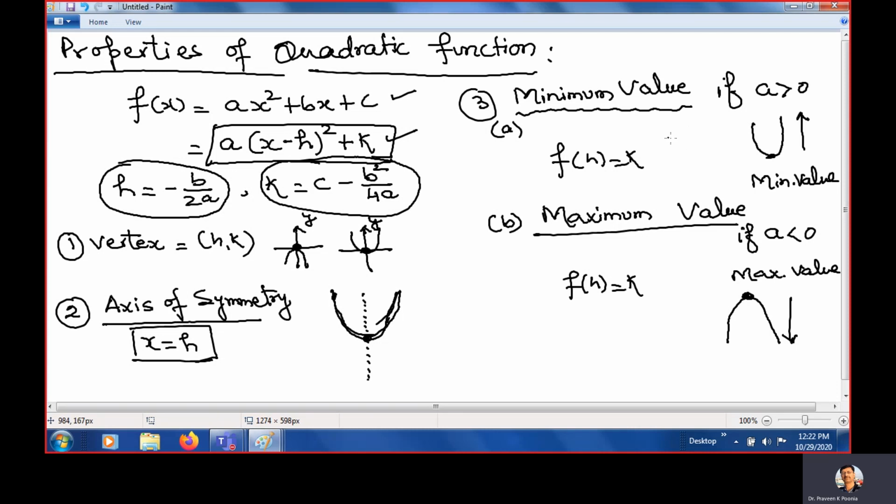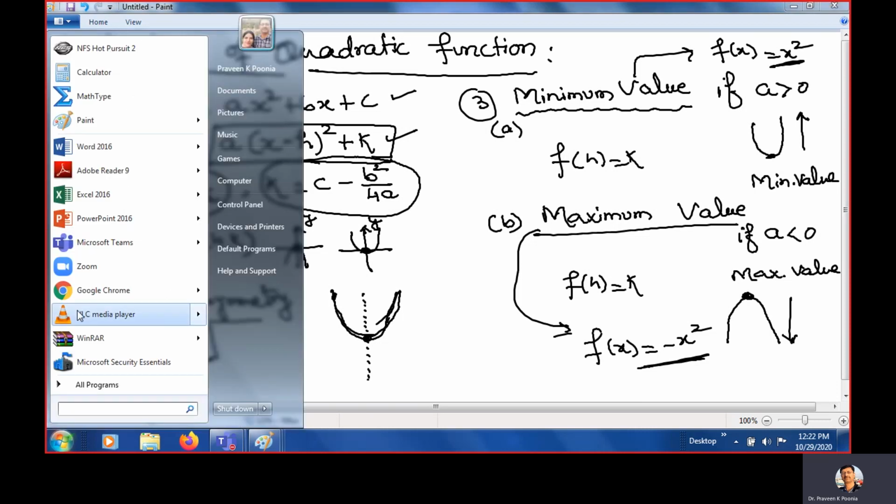For example, f(x) = x², and here an example is f(x) = -x². Here a is positive, so there is a minimum value. Here a is negative, so there is a maximum value. Understand? This is property number 3.